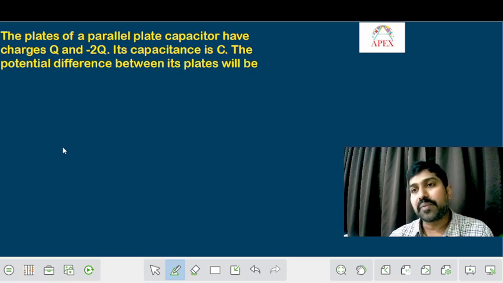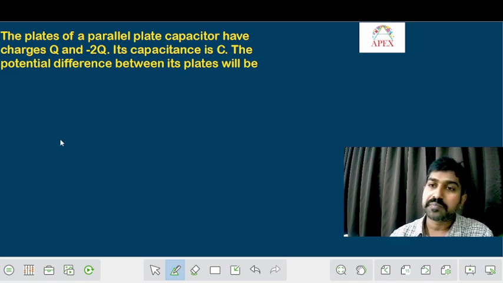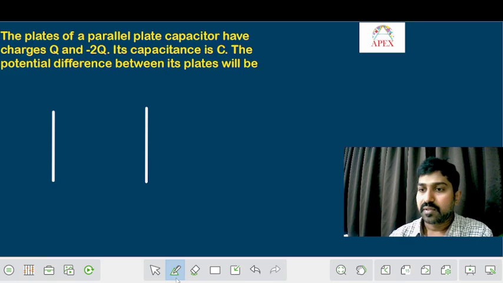On one plate the charge will be Q, and on the other plate the charge will be minus Q generally. But here, the plate charges were given Q and minus 2Q. I will just draw here two capacitor plates, and here, what were the charges given? One is plus Q given, other is minus 2Q given.